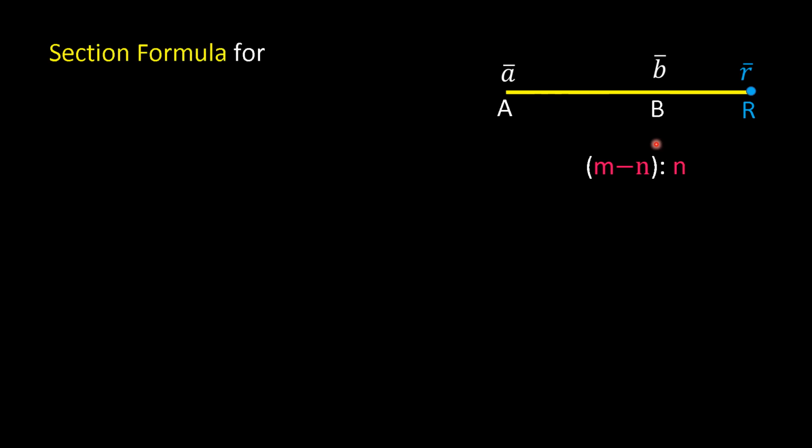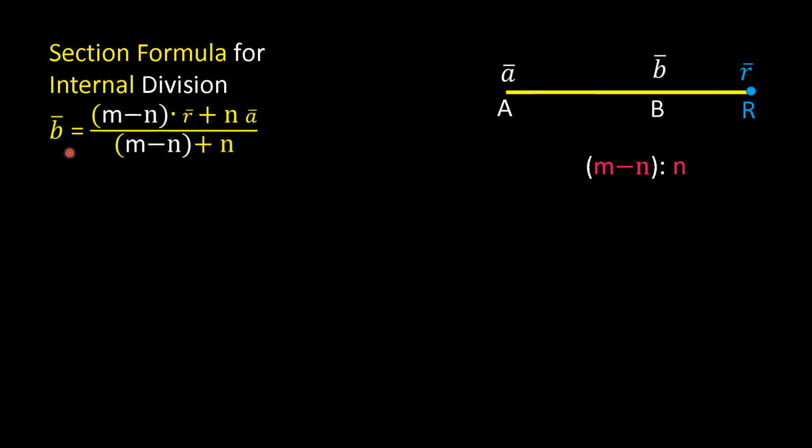Since B divides segment AR in the ratio m minus n as to n, we will write section formula for internal division for point B and write B bar equals m minus n R bar plus n A bar upon m minus n plus n.